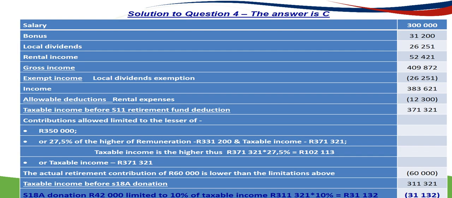The salary was 300,000, the bonus 31,200, local dividends 26,251, rental income 52,421. That gives you the total for gross income of 409,872.